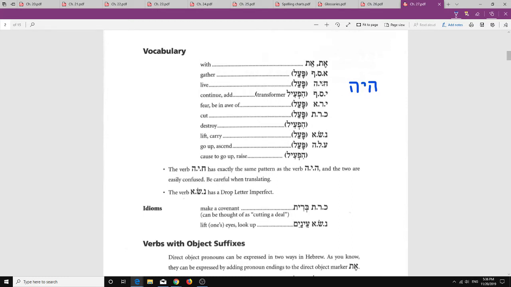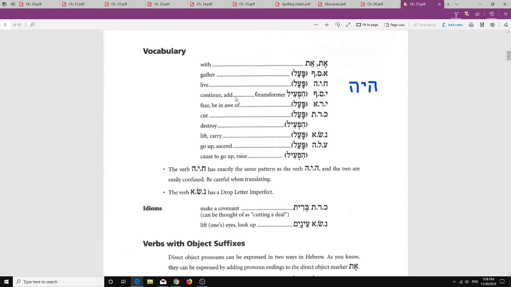Next, Yasaf, my namesake. In the Hiphil, it gives you a note this is a transformer verb, which you probably could have guessed because it's a first yod, right? So in the Hiphil, it might look like, I don't know, Hosif, something like that.